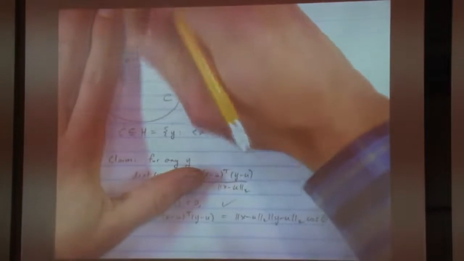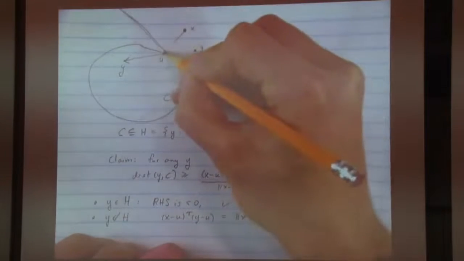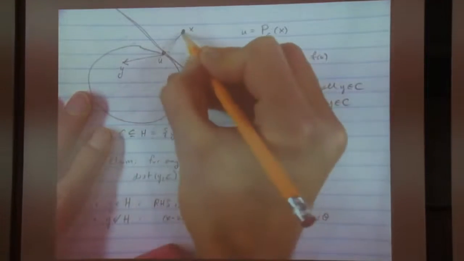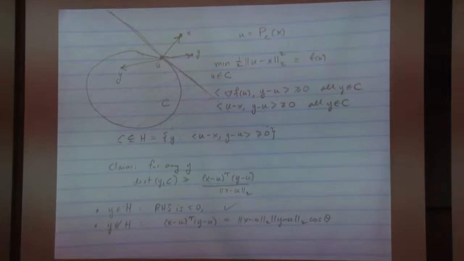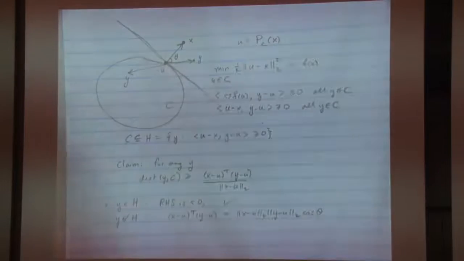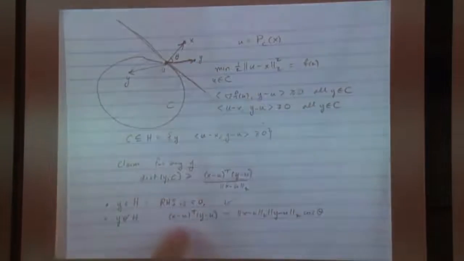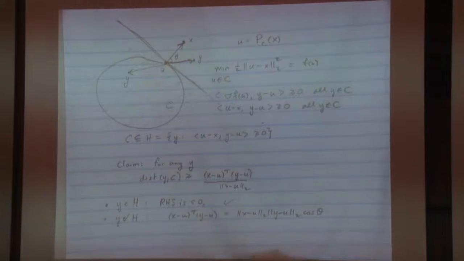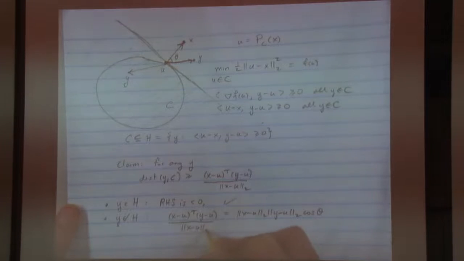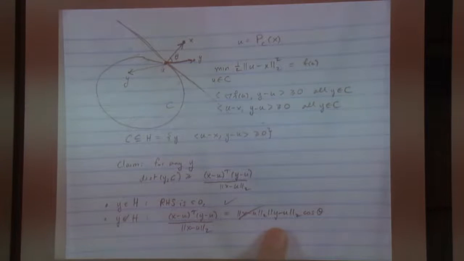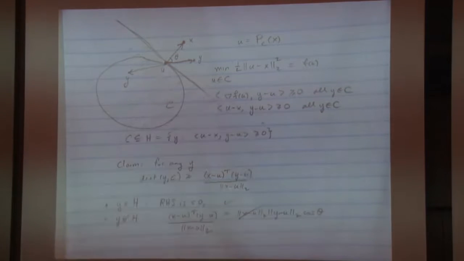Now I'm considering x minus u and y minus u, so I'm going to flip the direction of this arrow because I flipped the direction of that vector. And this is the angle between them. Okay, so that's true, and therefore if I divide by the norm of x minus u, it's just equal to the norm of y minus u times the cosine of the angle between these two guys.